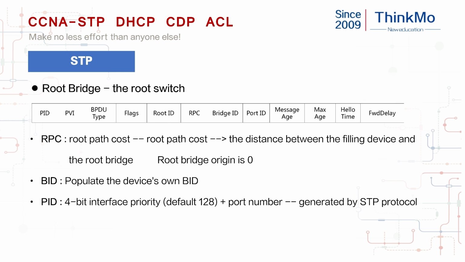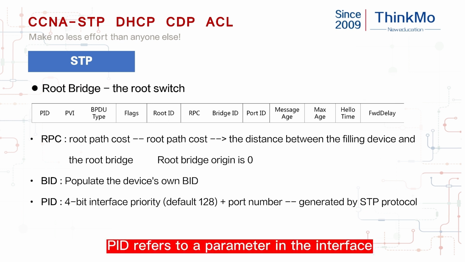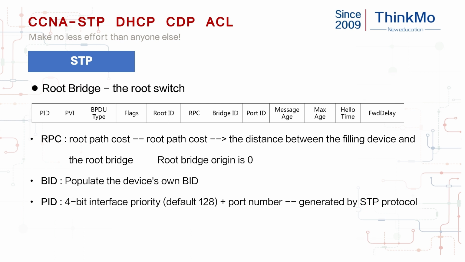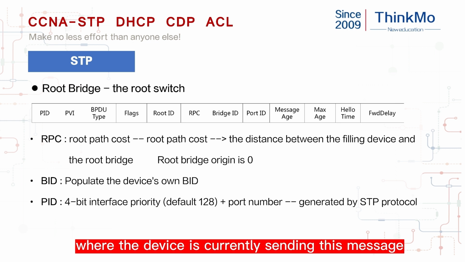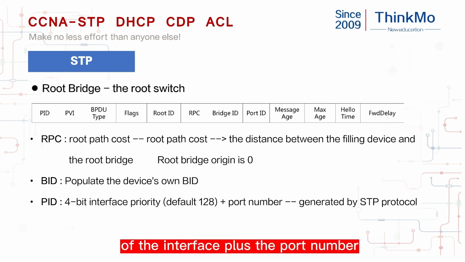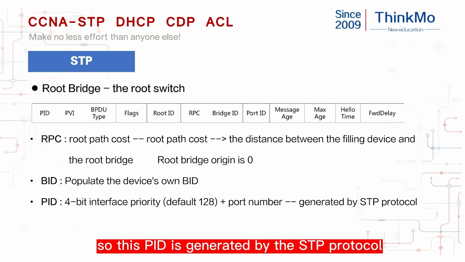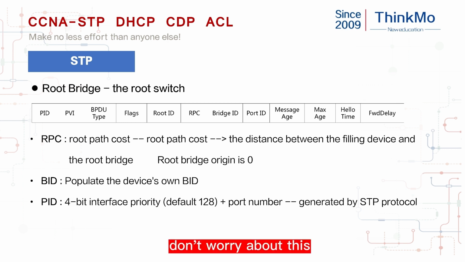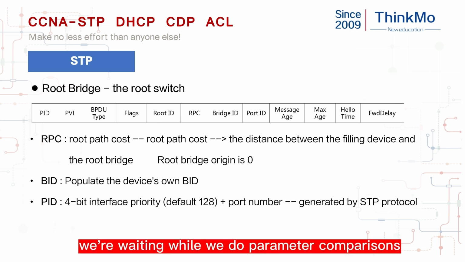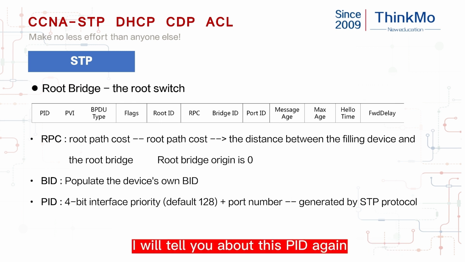PID refers to a parameter in the interface through which the device is currently sending this message. The PID is generated from the priority of the interface plus the port number, and is generated by the STP protocol. Don't worry about this for now. When we do parameter comparisons, I will tell you about this PID again.